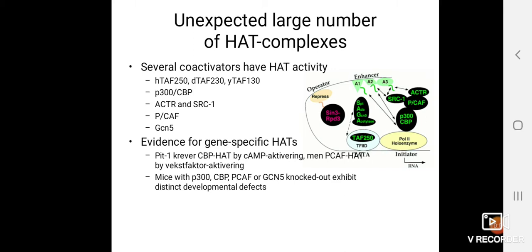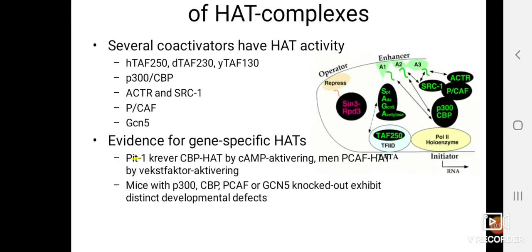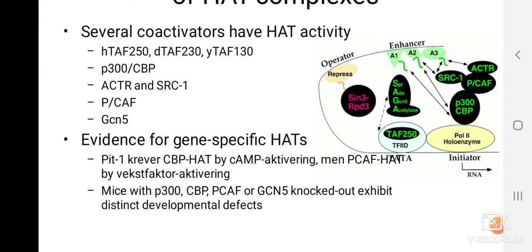Sometimes an unexpectedly large number of HAT complexes are also seen. You can see several co-activators have HAT-like activities, and there is evidence for gene-specific HATs as well. These are examples: TAF 250, 230, 130, and the CBP/p300 complex, GCN5.